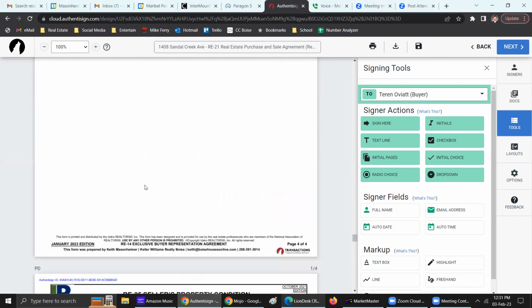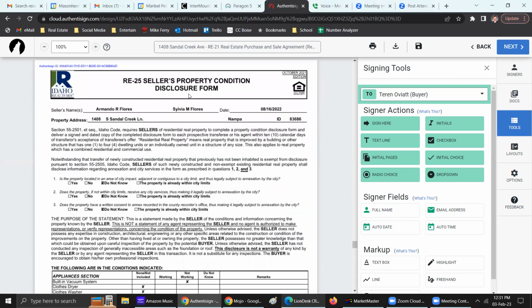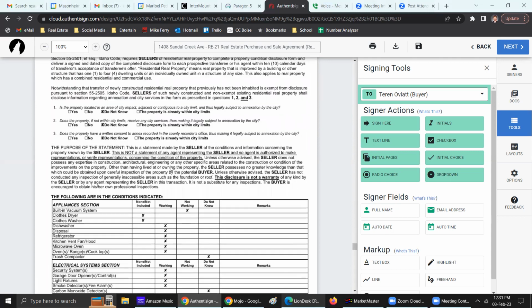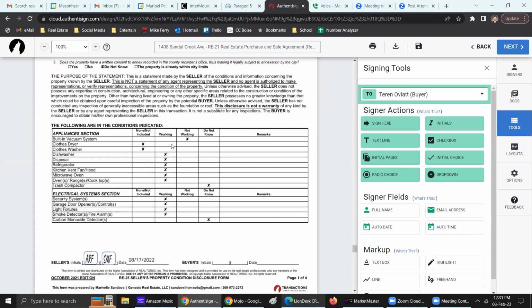Aside from that, the last form is the property disclosure form. This is what we talked about before, all the different things that the seller is aware of. I know this home on Sandalwood did have a built-in central vac, and they're saying it's not working, to their knowledge.